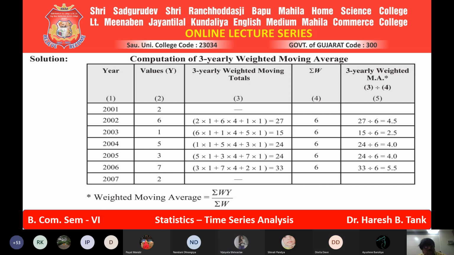Now do the same job for the third element. Skip the first two elements, 2 and 6. Now the elements are 1, 5 and 3. 1 is to be multiplied by 1, 5 is to be multiplied by 4, 3 is to be multiplied by 1, and make a sum of them. That sum is 24.